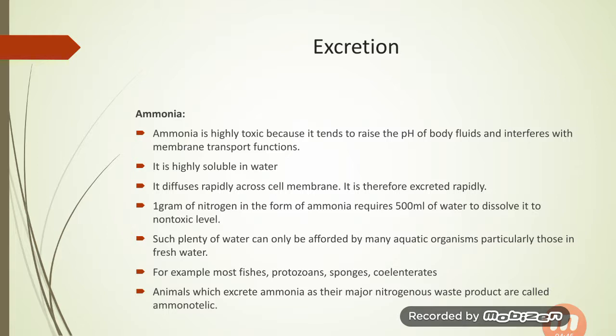For example, the protozoans, sponges, some fishes and the coelenterates. These are the groups of organisms that we discussed in the previous topic in the previous year's book. Now, organisms that excrete ammonia as the major nitrogenous waste product are called ammonotelic organisms.